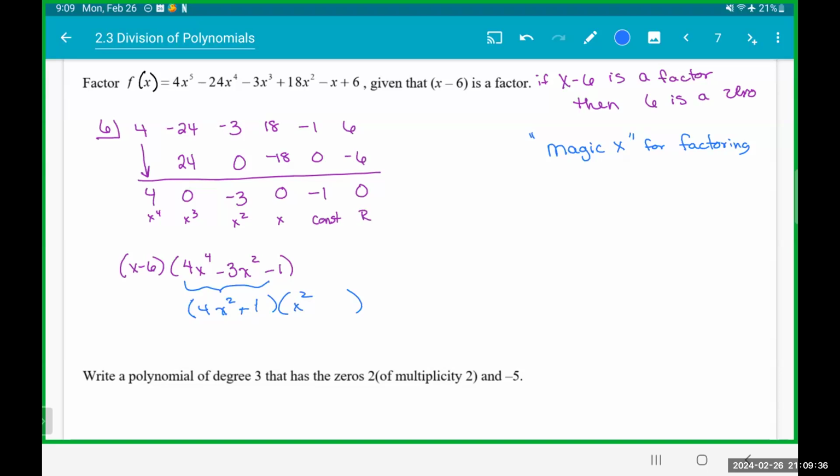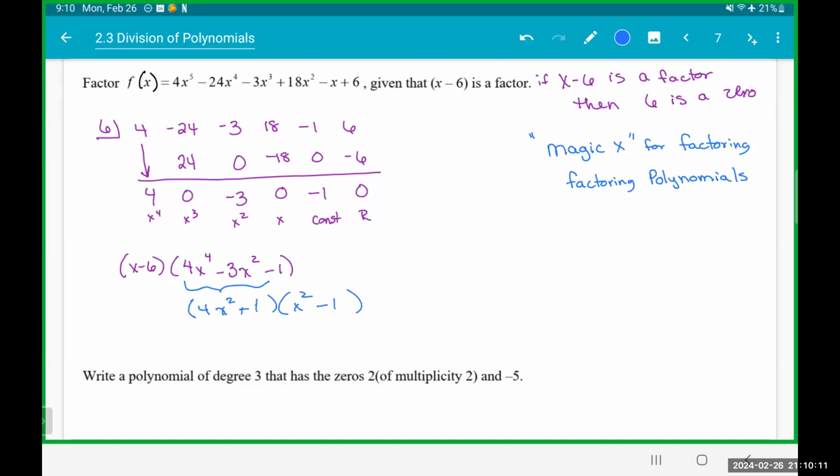But if you do need a refresher, you can do magic X, or you can just Google factoring polynomial. Those are all good topics to search on. So this would be 4x squared plus 1 and x squared minus 1. When you FOIL them back together, you get back to the original equation.